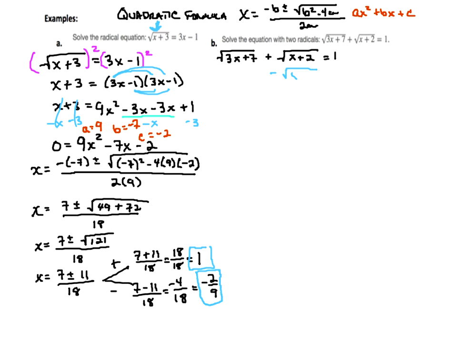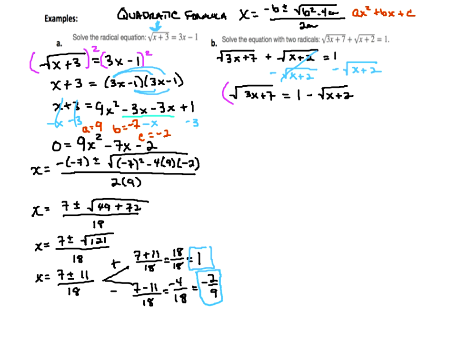So I'm going to subtract the square root of x plus 2 from both sides, so it goes away there. And now I have the square root of 3x plus 7 equals 1 minus the square root of x plus 2. And here's why I said that this one is a doozy.